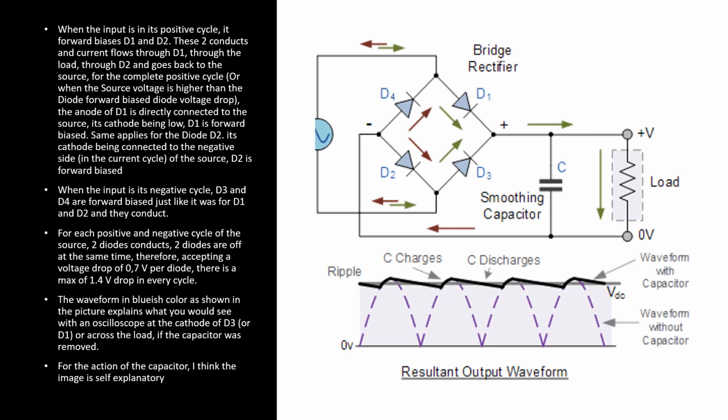So you see the resultant output waveform without capacitor and with capacitor. For the action of the capacitor, I think the image is self-explanatory. It shows there are ripples when we use a capacitor, which is shown in the resultant output waveform.